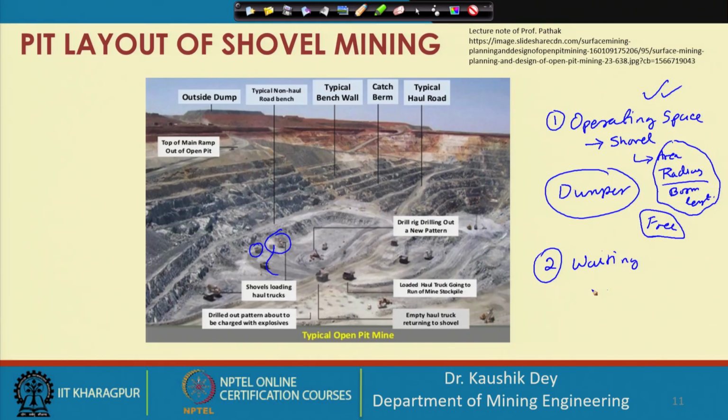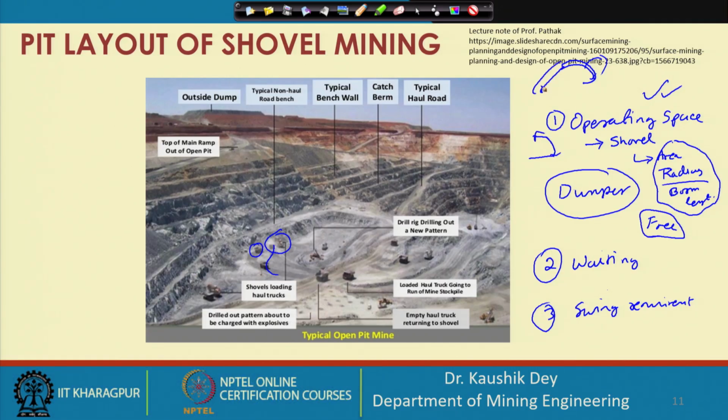So, these are two things, and the third is that we have to minimize the swing requirement, because more swinging angle means the shovel swings this angle and again returns back this angle. This is the time required for swinging, but if the shovel swings only this much, then the swing requirement is less.